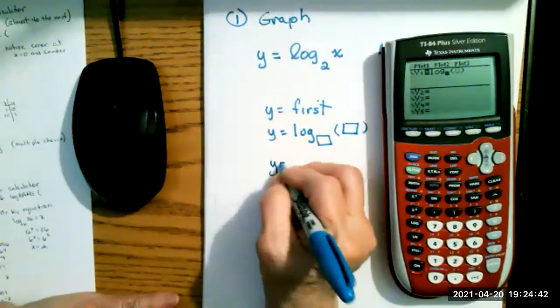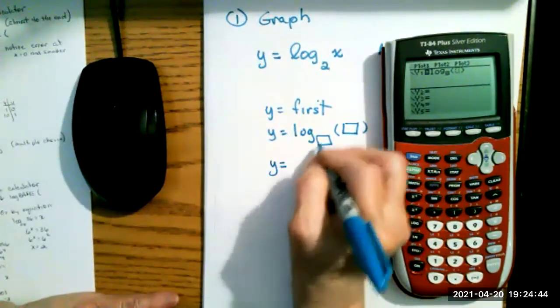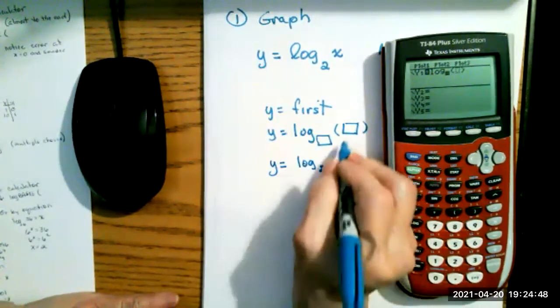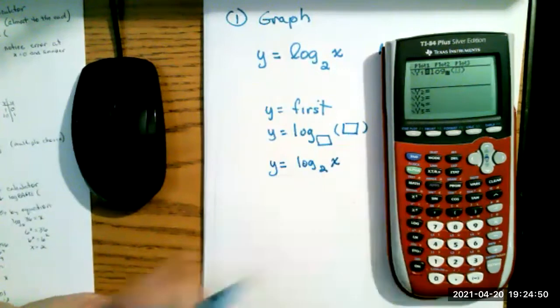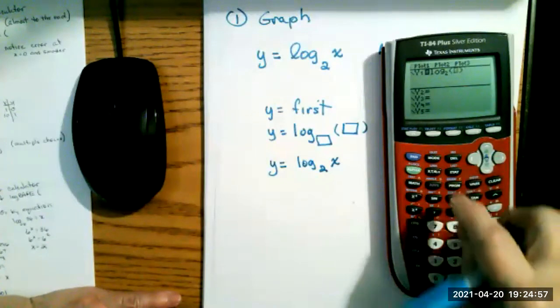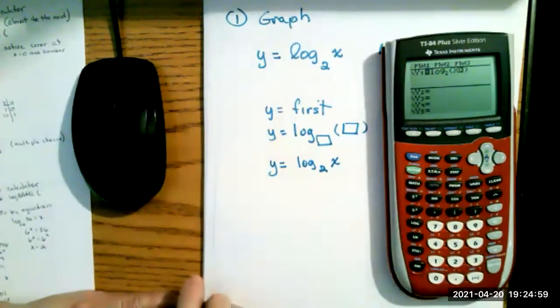So that means we're going to put in 2 in this little box, and in that big box, we're going to put x. 2 in the little box, and in the big box, we're going to put x. Everybody okay with that? Yes.